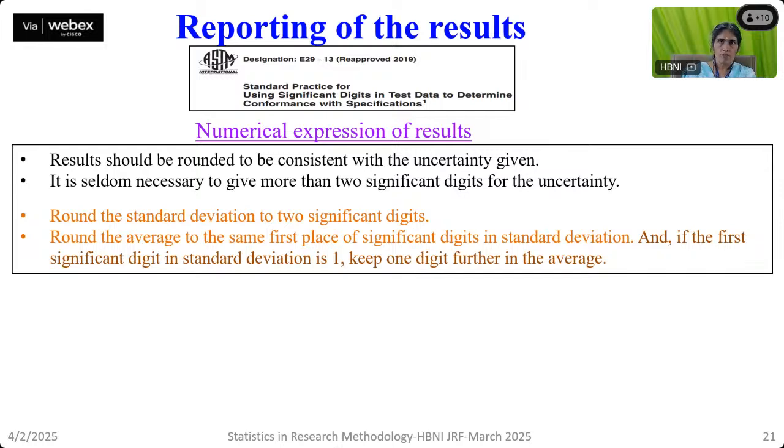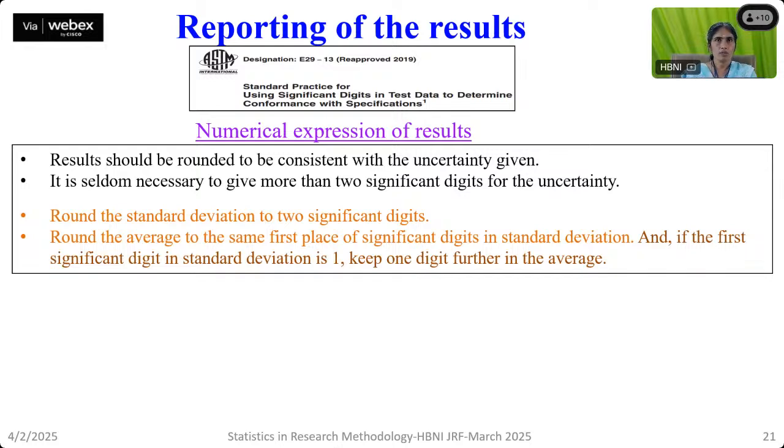So every 5-6 years the rules get revised or revisited, and if there is any dispute or clarification required, the rules get modified. So it is due time for this rule to be revisited. Since 2019 was the reapproval, maybe this year or next year itself, the rule may get amended.